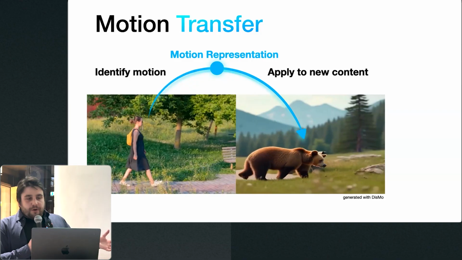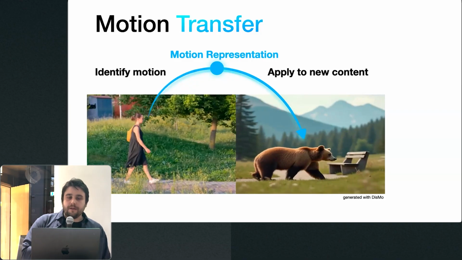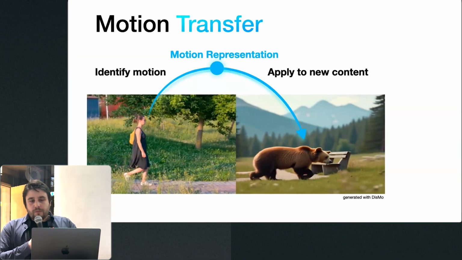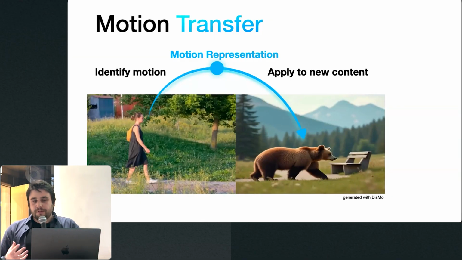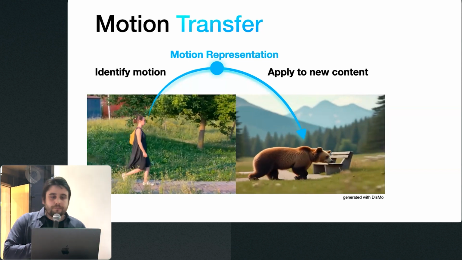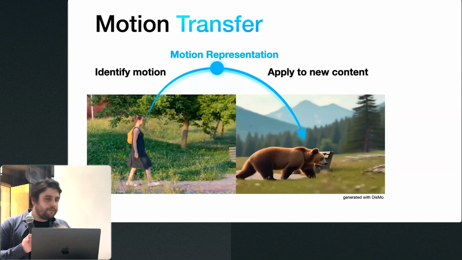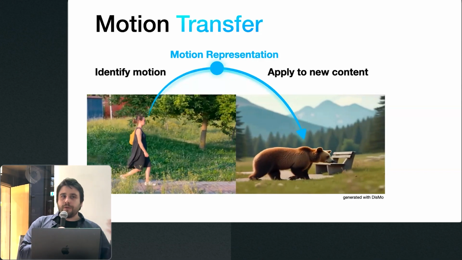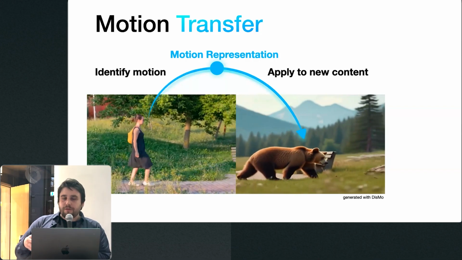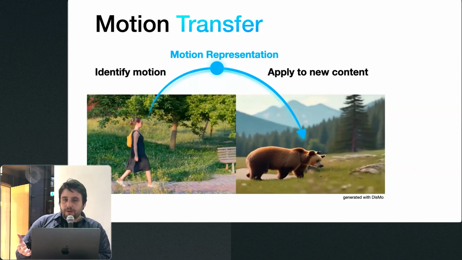And the important part here is how this motion is being represented. And this is also where our work tries to accomplish some new paradigm. Most other work that is tackling motion transfer usually represents motion with some structural cues and some handcrafted representation that is usually based on the structure of an input video.